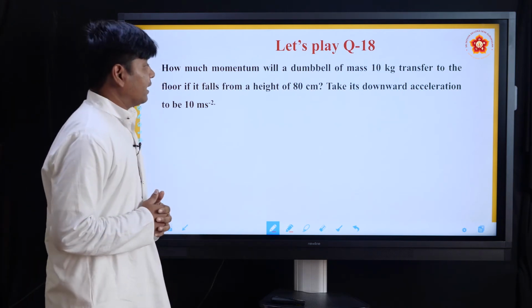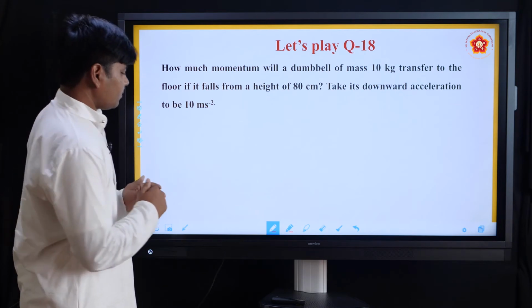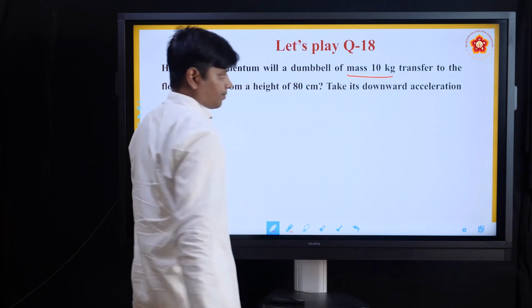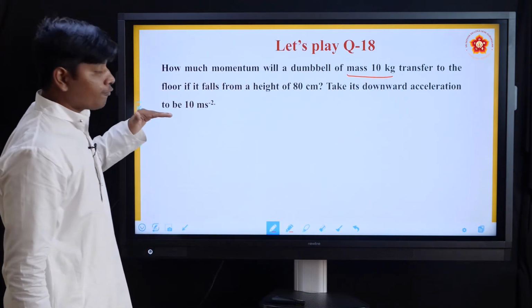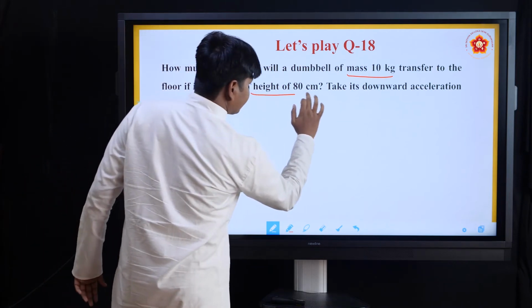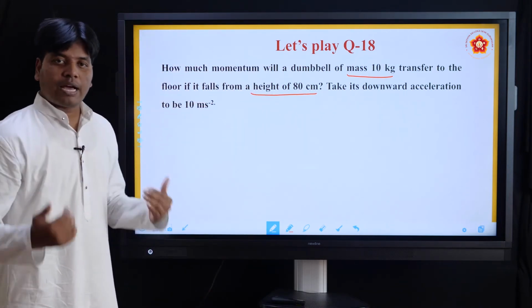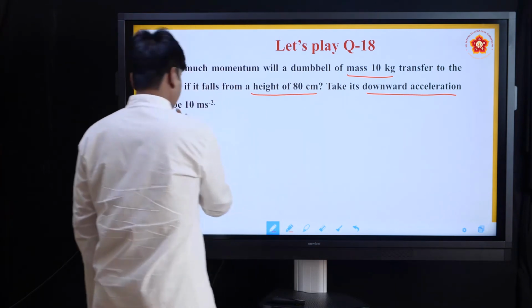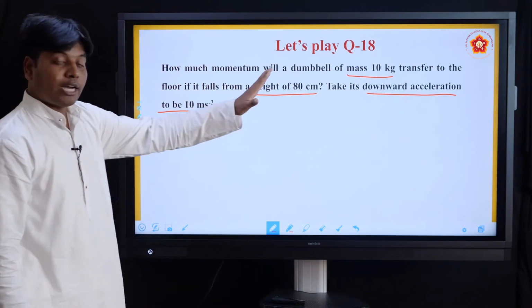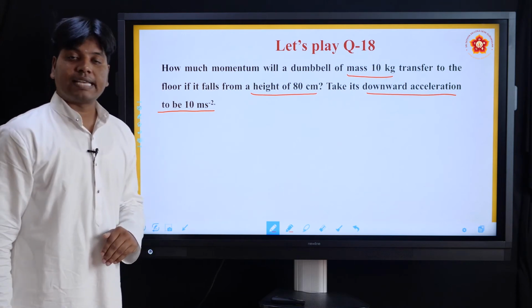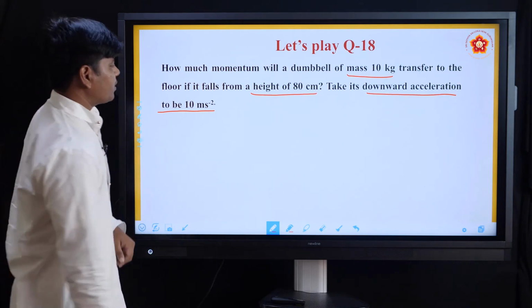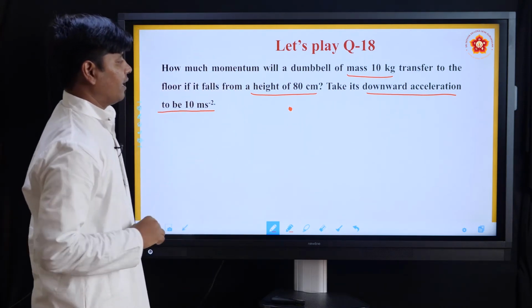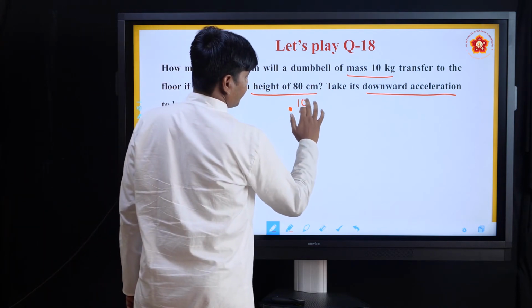So, in this problem, we have been given a mass of 10 kg, which falls from a height of 80 centimeters, and we have also been given that it is going with a downward acceleration of 10 meters per second squared. Alright, so the situation is like this. You have an object, a dumbbell here, and the mass of this dumbbell is 10 kg.